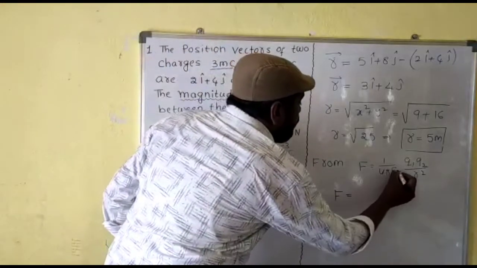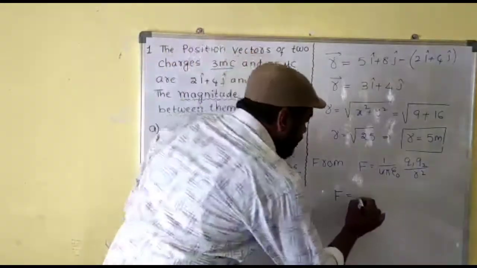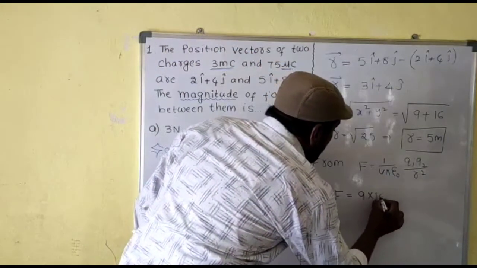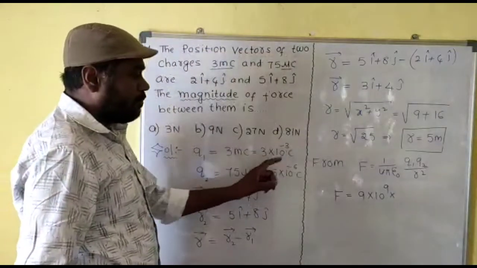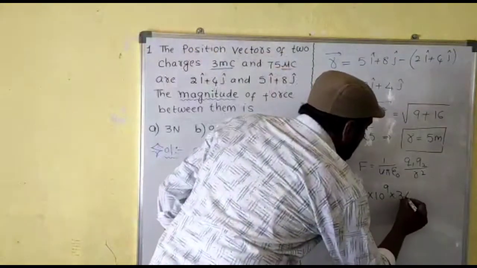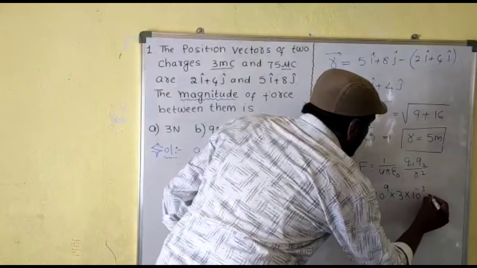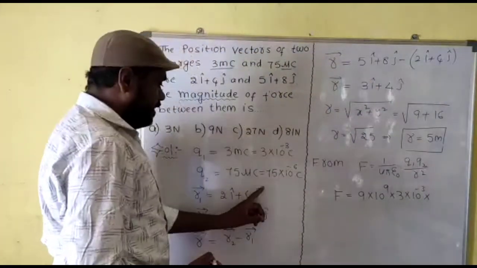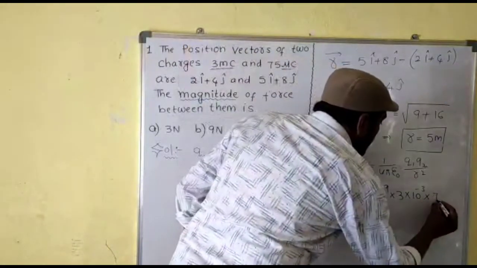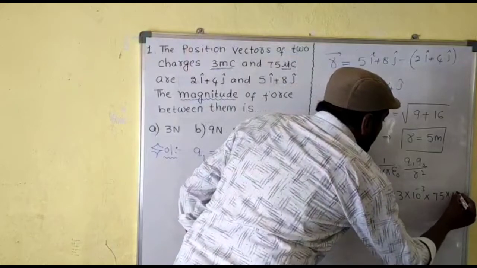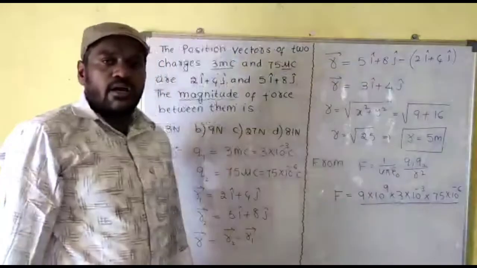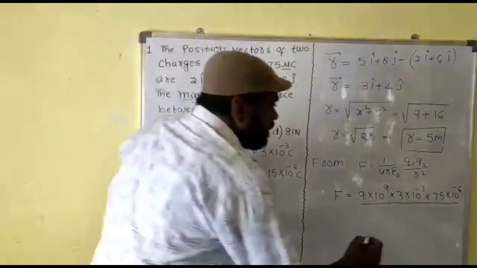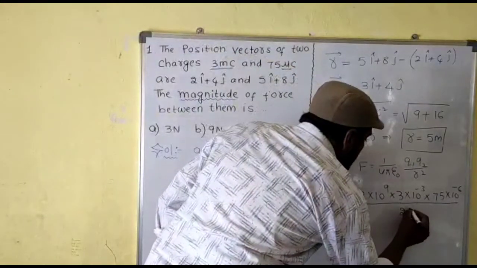F is equal to 1 by 4 pi epsilon naught, value 9 into 10 power 9, into Q1 value, 3 into 10 power minus 3, into Q2 value, 75 into 10 power minus 6, by R square. R value is 5, so R square becomes 25. Now, anything cancel here?